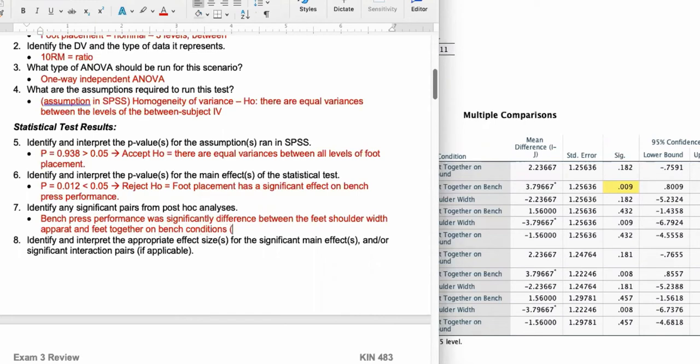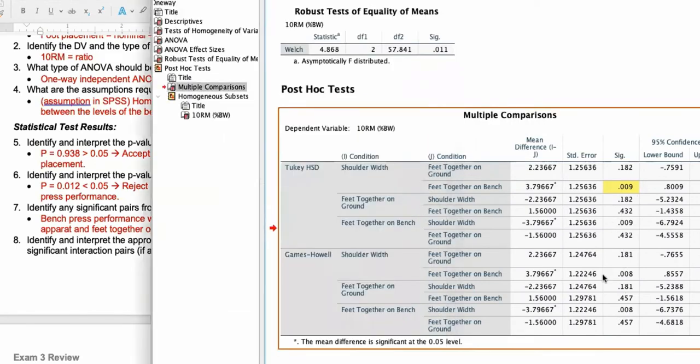And we're saying this one is significant because our p-value was less than 0.05. Right? It was listed as 0.009. All of the other p-values in our possible pairs are larger than 0.05, so they are not significant.